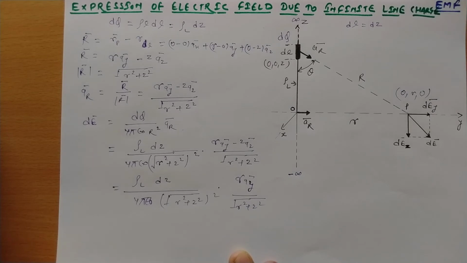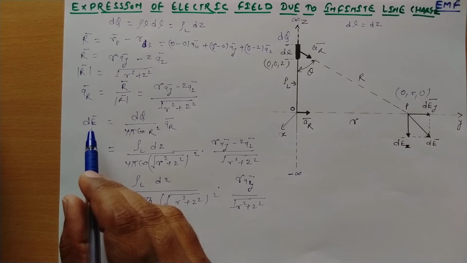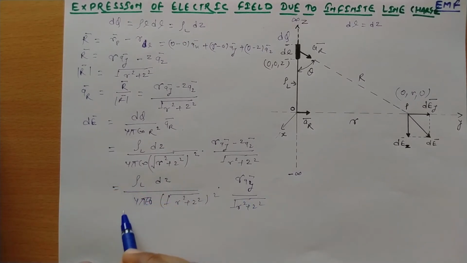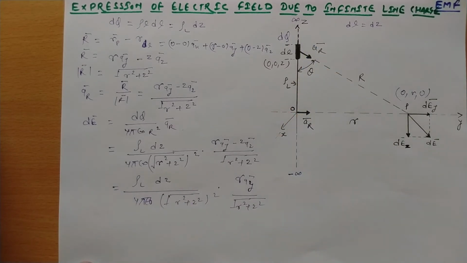And now, because this is the differential amount of electric field intensity, if we need to find the total electric field intensity, we have to integrate this whole term with the limits from minus infinity to plus infinity.